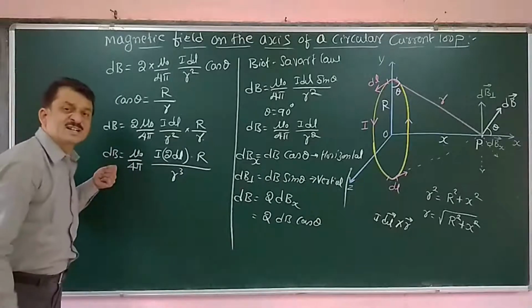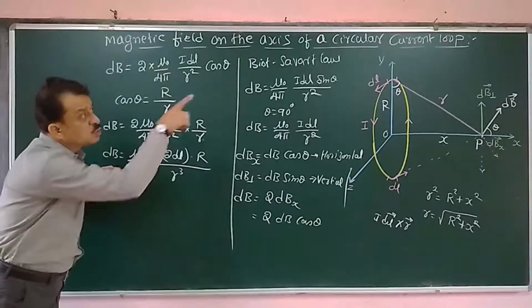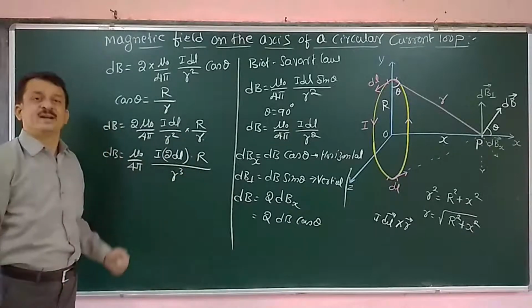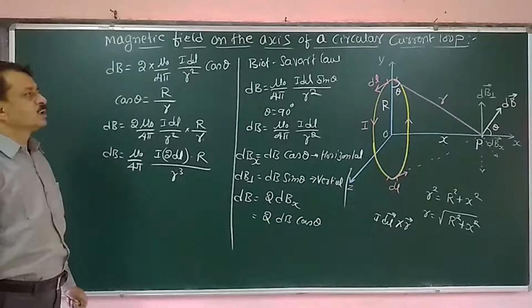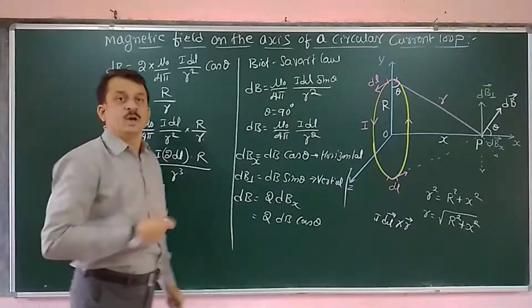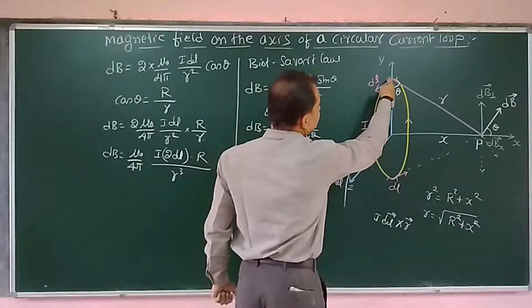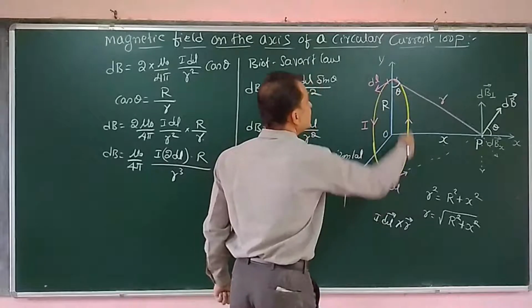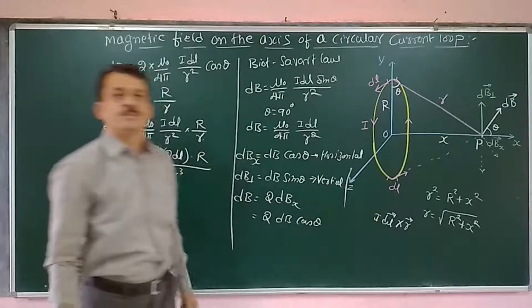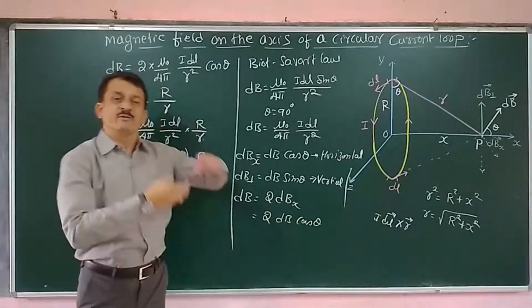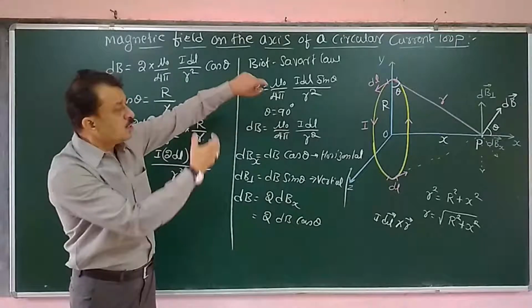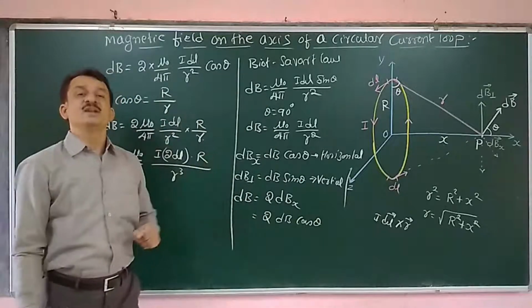Now what is this one? It is the magnetic field due to the two current elements. Now what is our aim? We have to calculate the magnetic field due to the entire circular loop. Earlier, we divided the circular loop into a number of current elements.